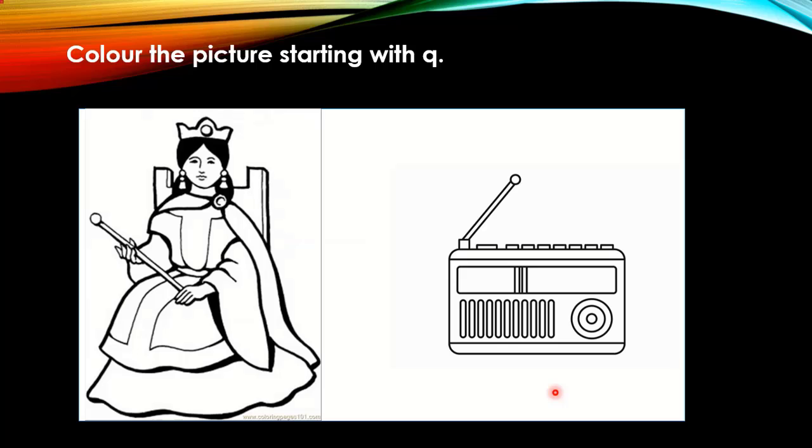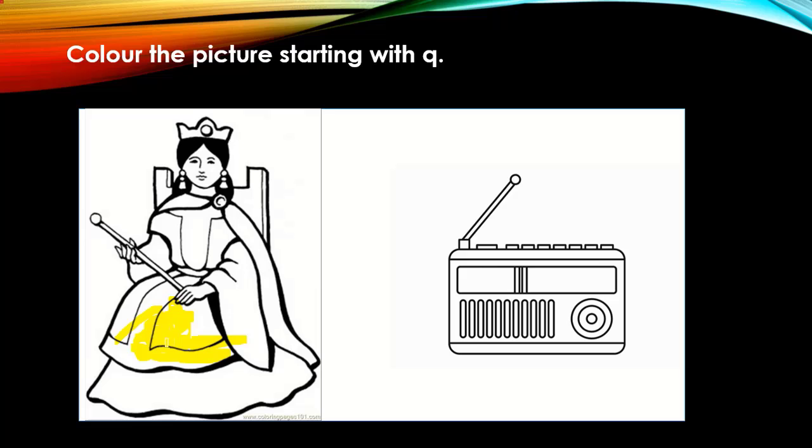Now color the picture starting with qu. Does queen start with qu or radio? Qu queen, qu radio. Yes, queen starts with qu. So you all will color the queen nicely.